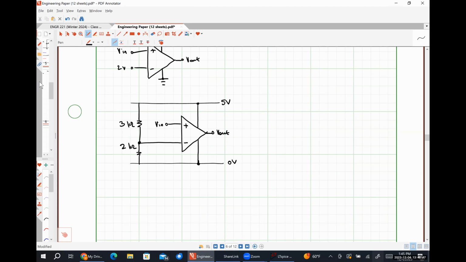So VD is always going to be V2 minus V1. Oh, I forgot to label that as V1. My bad. The voltage here is always going to be AVOL times VD. And then this voltage drop is being divided between R out in series with RL, so I just use the voltage divider to figure out just the portion over RL.